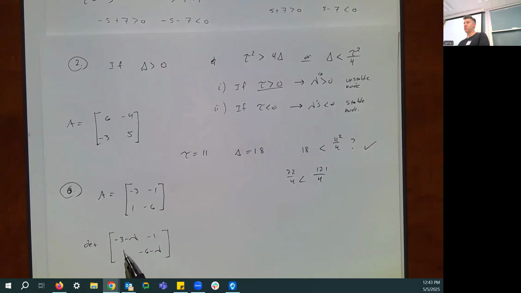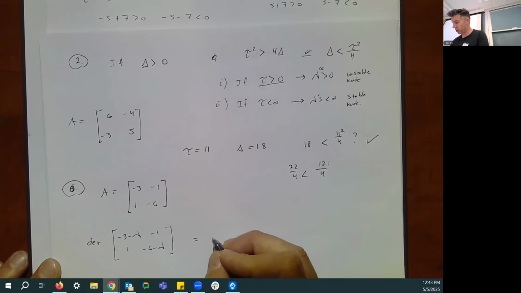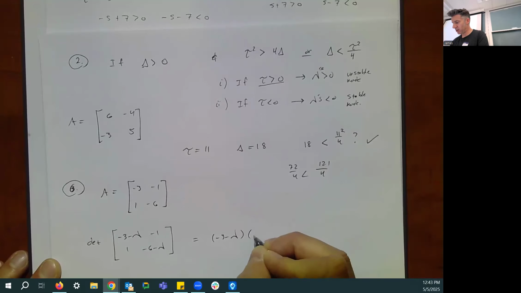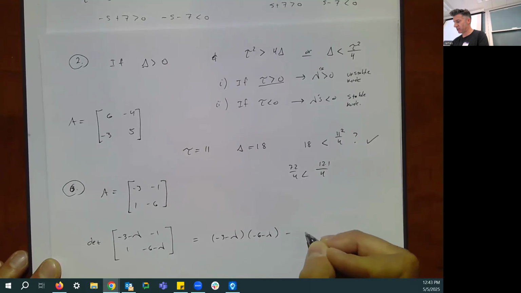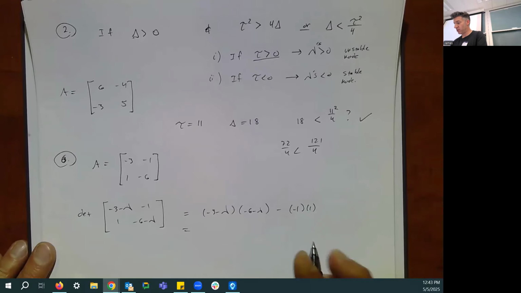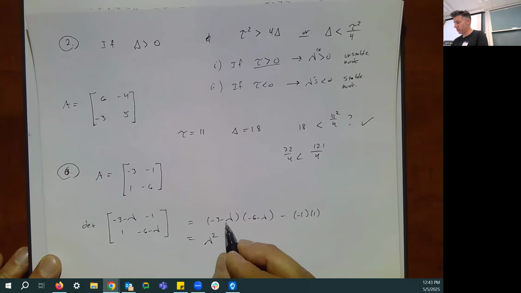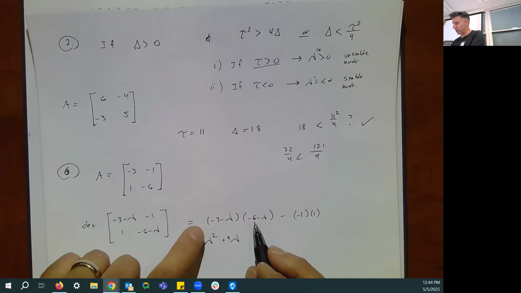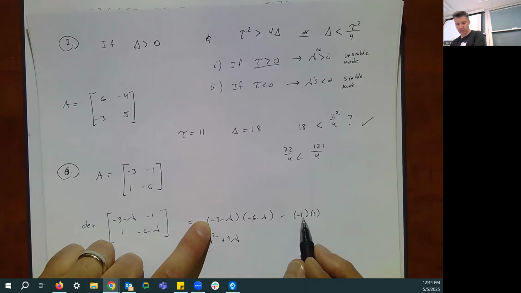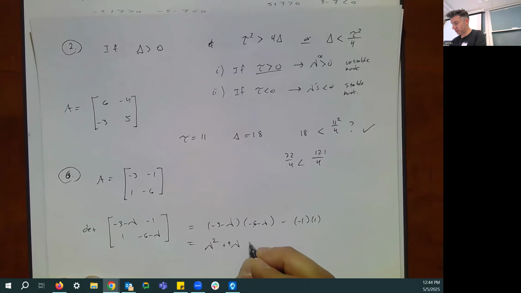Every time you do this, you're just subtracting lambdas from the diagonal spots and then doing the usual calculation. -3 minus lambda, -6 minus lambda, minus -1 times 1. Now we are going to write this out. So we're going to get lambda squared plus 6 lambda plus 3 lambda is plus 9 lambda. And then plus 18 plus 1 is plus 19.